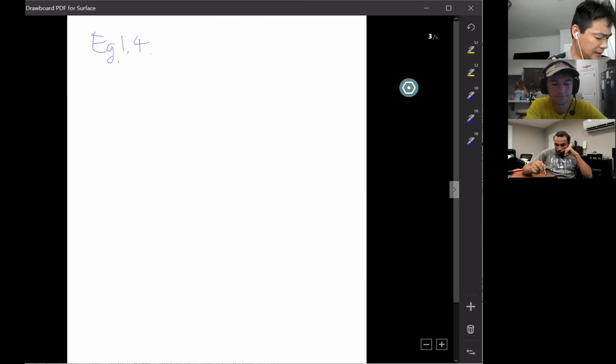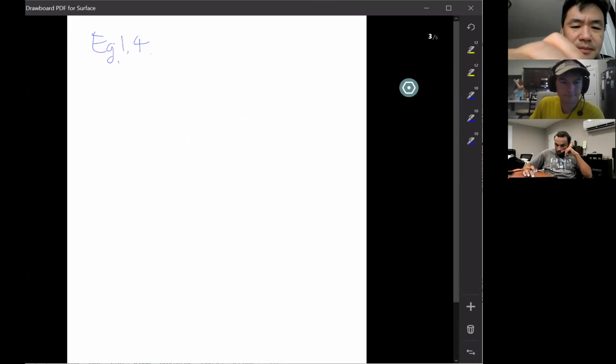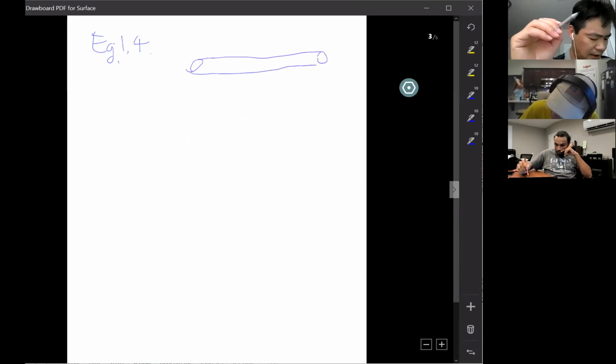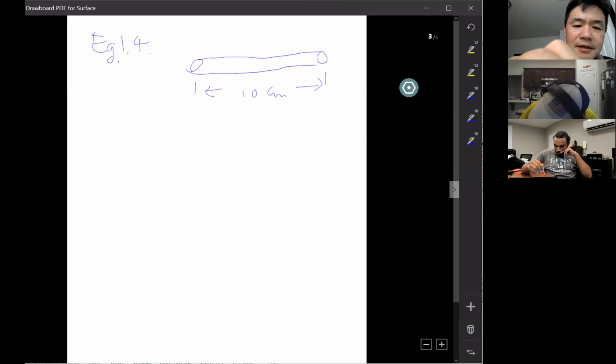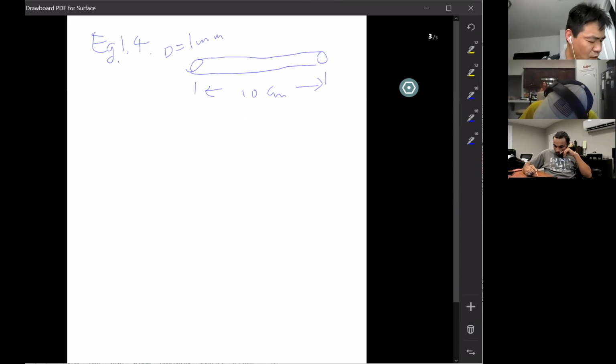What does 1.4 say? An electric current is passed through a wire 1 millimeter in diameter and 10 centimeter long. Diameter is very tiny, 1 millimeter. The wire is submerged in liquid water at atmospheric pressure, and the current is increased until the water boils.